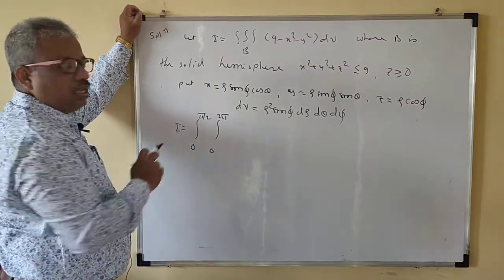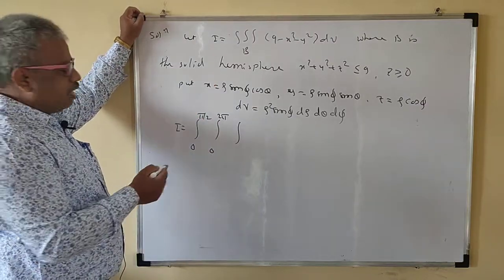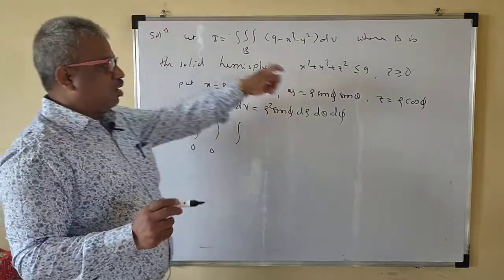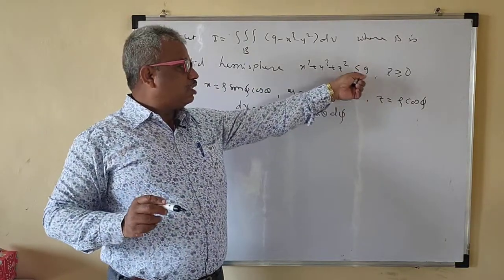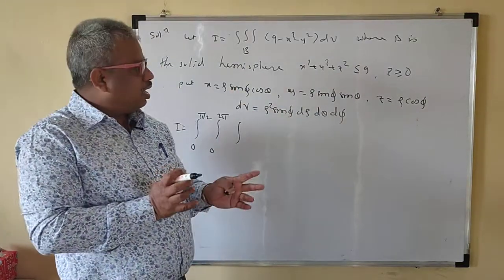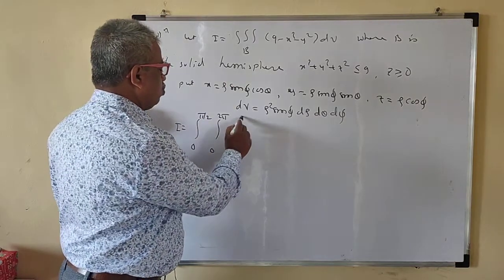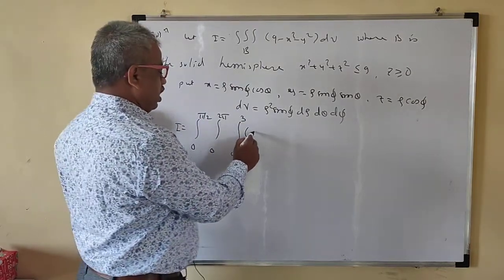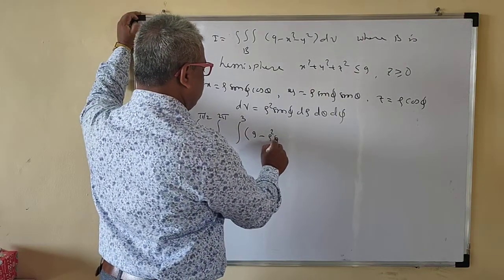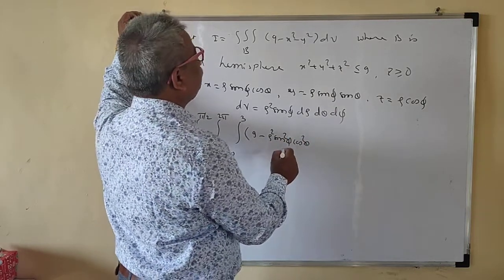Now your radius is 3, because x square plus y square plus z square is equal to 9, and the whole inside part is there. So the limits of rho are 0 to 3. Then this is 9 minus x square, so this is rho square sin square phi cos square theta. We will simplify this.